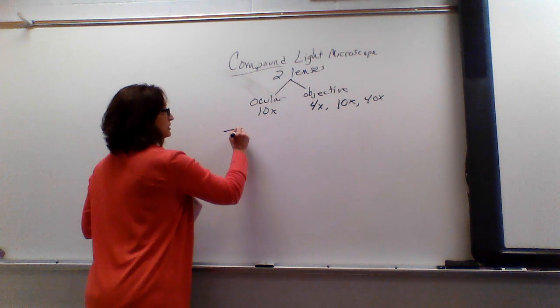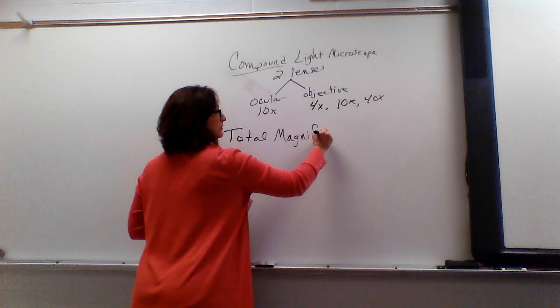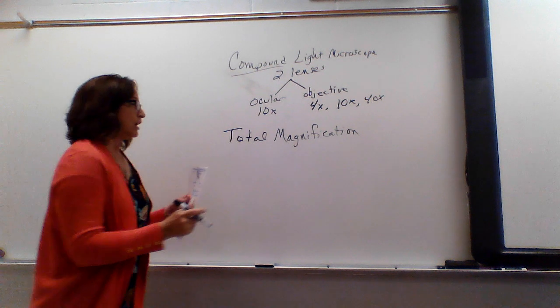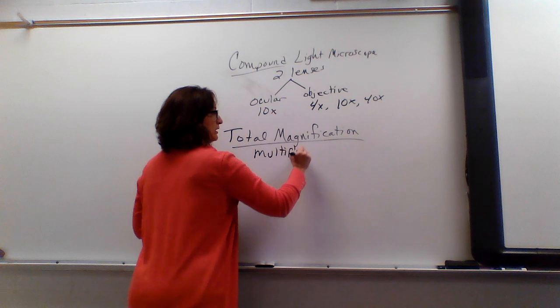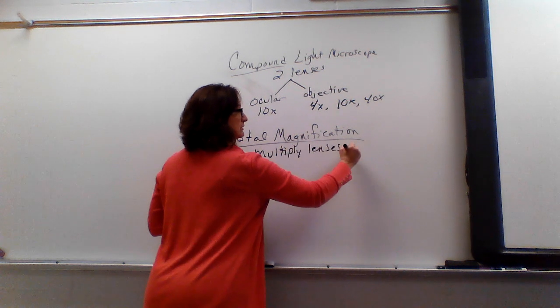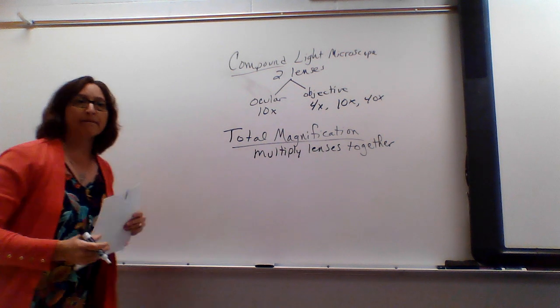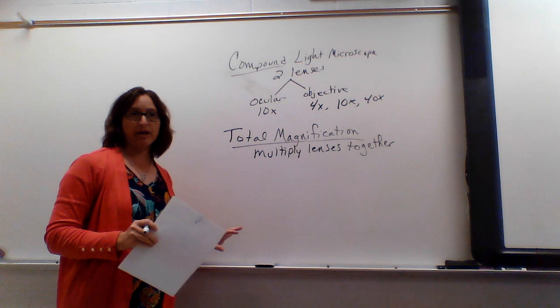So when you're trying to calculate what is the total magnification of your microscope, you're going to multiply the lenses together. You're not going to add them together.